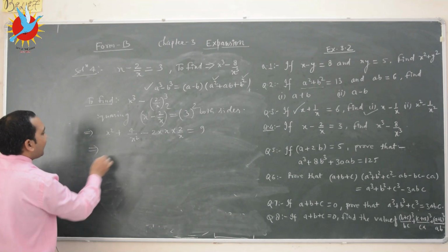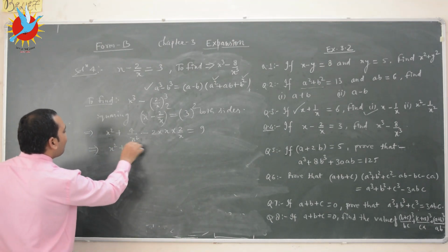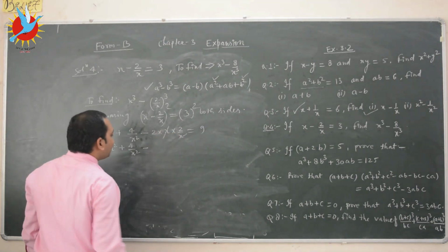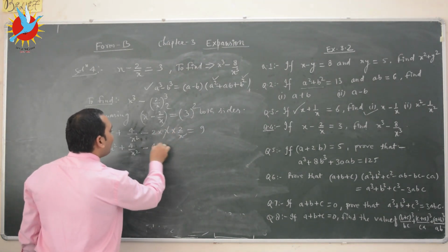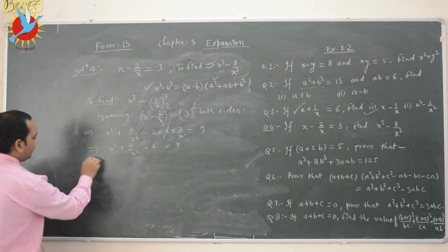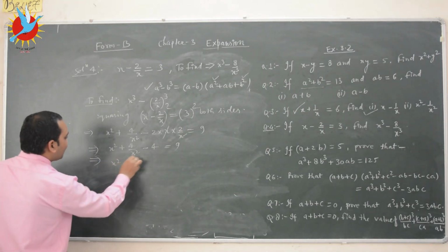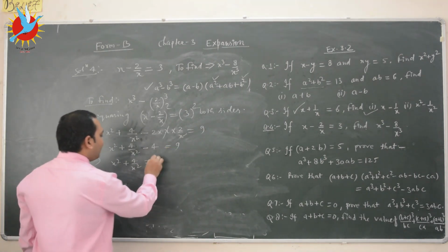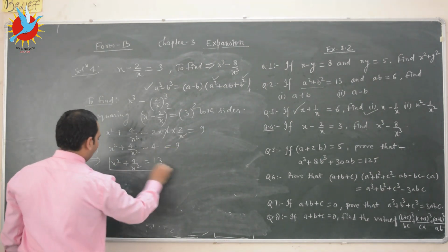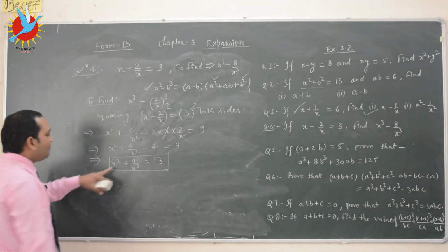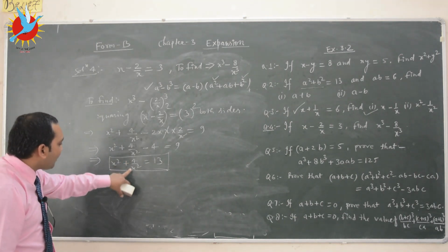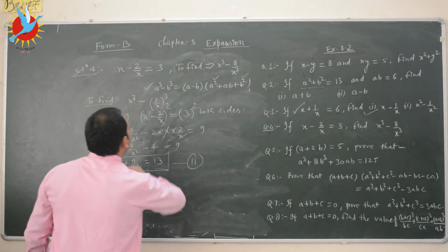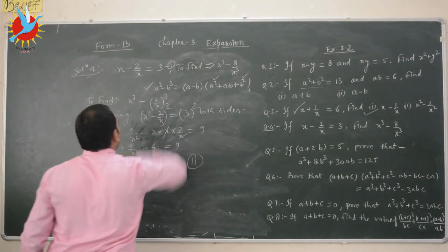Which implies x square plus 4 by x square minus this, x will be cancelled, 2 times 2 is 4, which is equal to 9, which implies that x square plus 4 upon x square is equal to 9 plus 4, which is equal to 13. So this is the value: x square plus 4 upon x square is equal to 13. This is equation second. This was first equation.